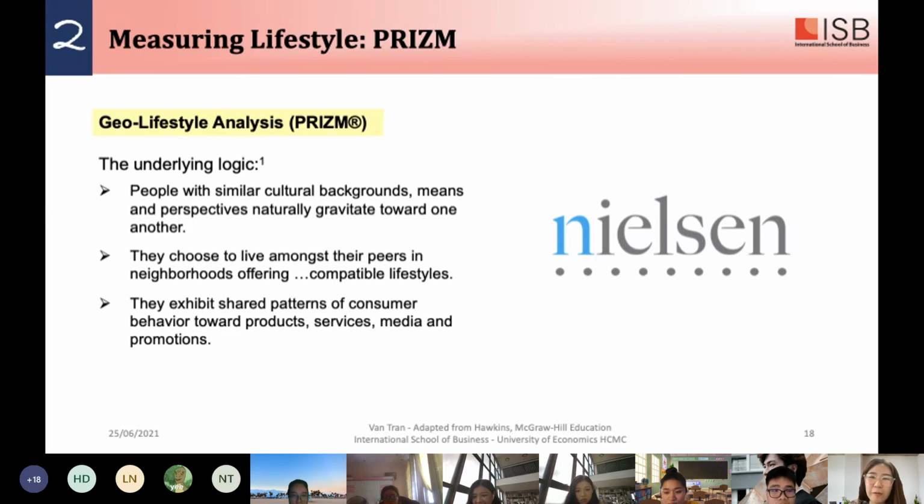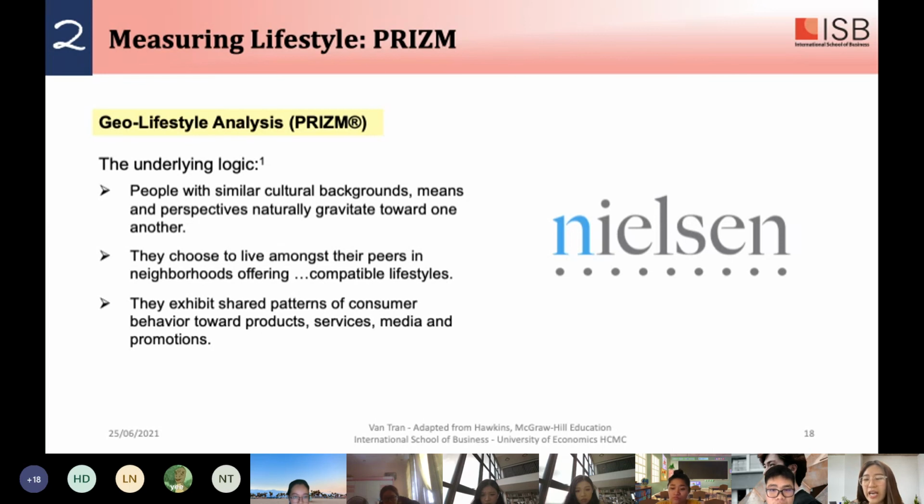With this logic, people who live in Gò Vấp district will tend to go to the same or similar places during the weekend for entertainment. And it's true. If you are from Gò Vấp, then you may tend to go to, I don't know, Lotte Mart, Lotte Cinema, Vincom Gò Vấp, for example.